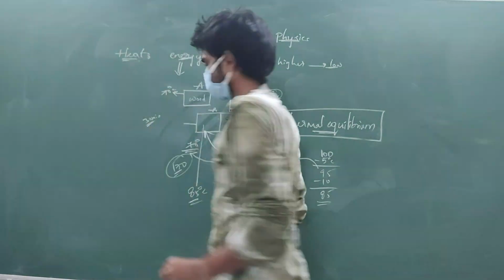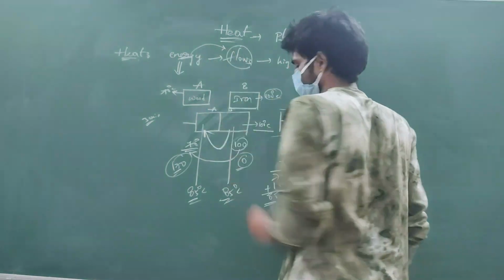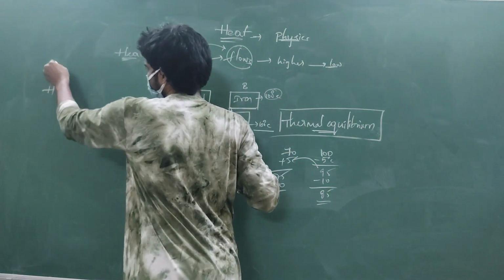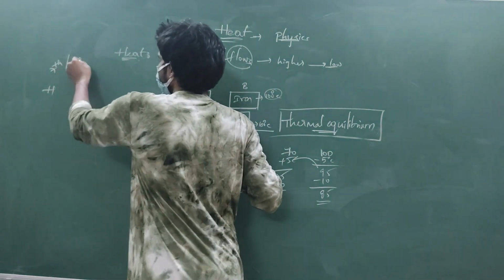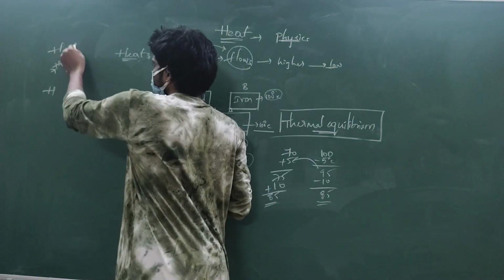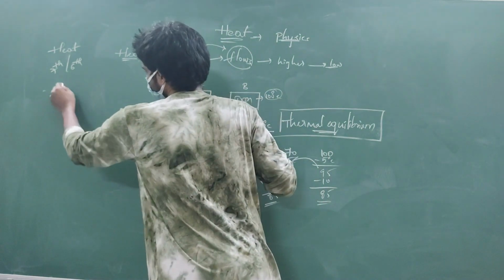In general, I said heat energy flows, right? But if you go to the previous classes, like 7th and 6th standard, in 7th standard you studied the heat lesson, right? In that lesson, heat flows in 3 ways.